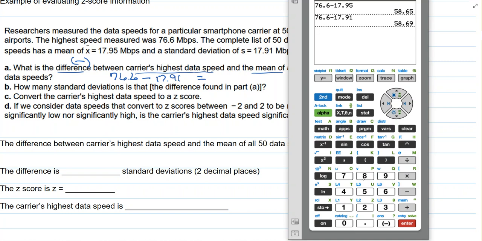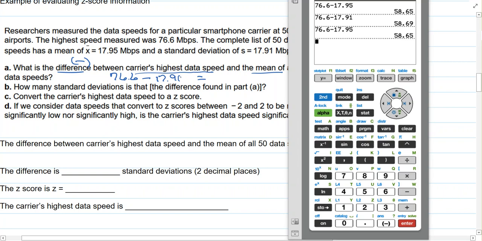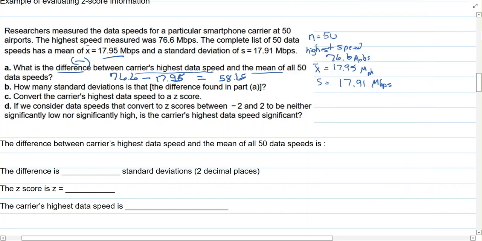I'm going to do it again. 76.6 minus, and the 17, oh, it is 95. 58.65. Sorry about that. Yeah, I was right with a 5. So that gave me 58.65. All right. Now, that's the difference.